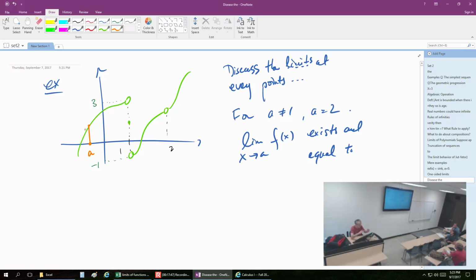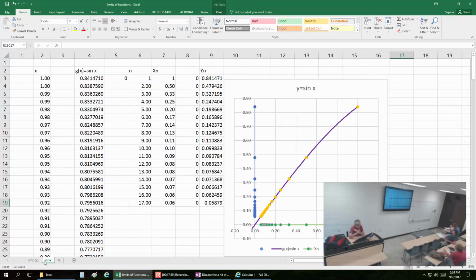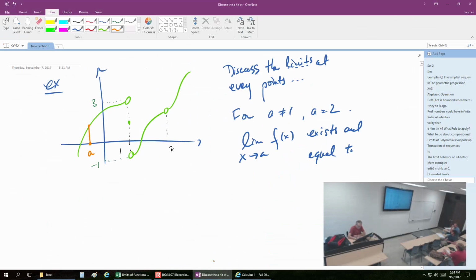So once again, imagine zooming in on this point on the graph. We are approaching a on the x-axis. Remember that there are these pictures. So we have these green dots on the x-axis, and then we'll produce blue points on the y-axis. So let me carry that out. These are the x's. Then I have points in, say, orange on the graph, and then maybe in black, some y values.